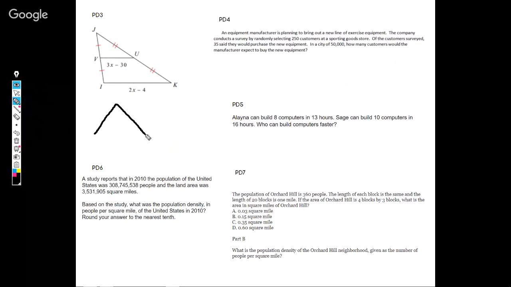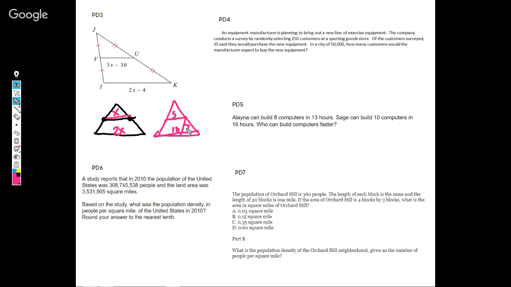So what the mid-segment theorem says is, if you connect the midpoints of a triangle, this side here is going to equal half of this side, or vice versa. So for example, if this side is 5, how long is the bottom? 10. That's it.